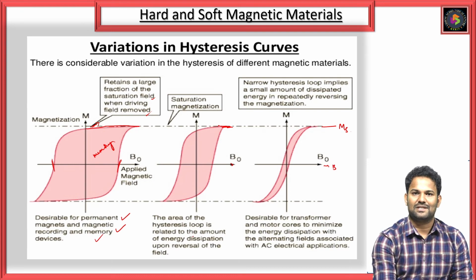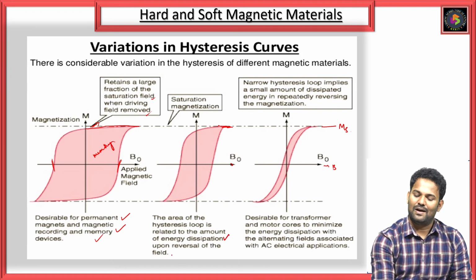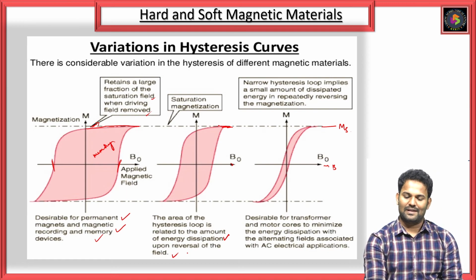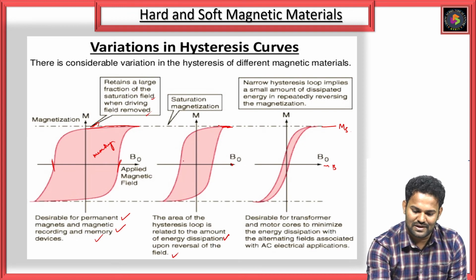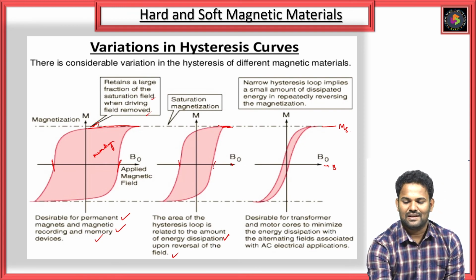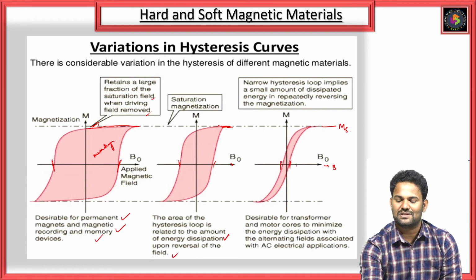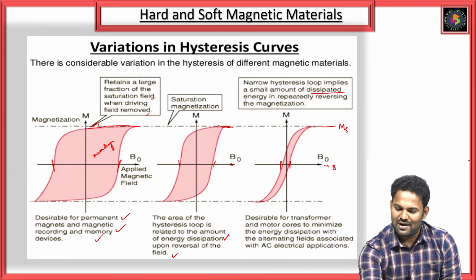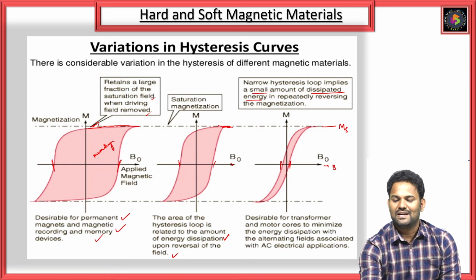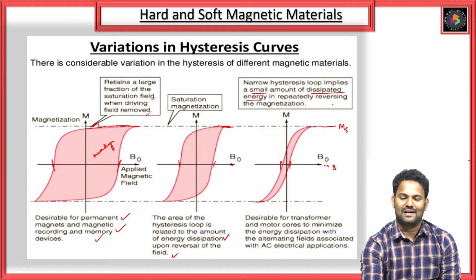The area of the hysteresis loop is related to the amount of energy dissipation upon reversal of the field. Now coming to the third, there is a narrow hysteresis loop, which implies a small amount of dissipated energy in repeatedly reversing the magnetization.